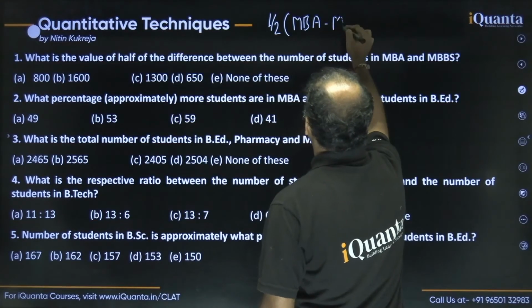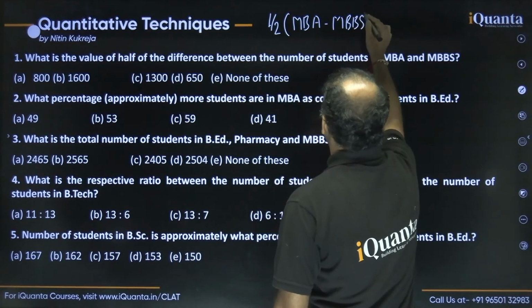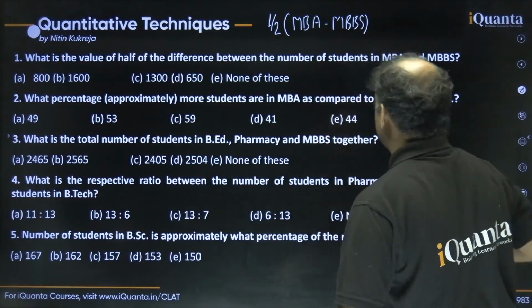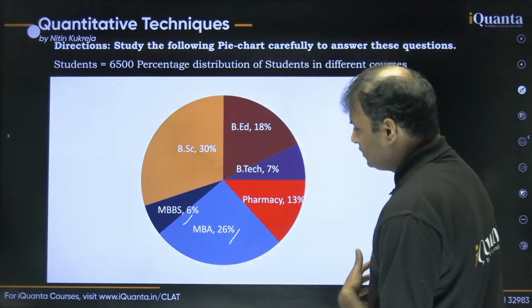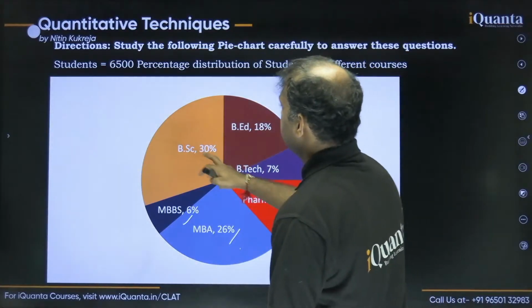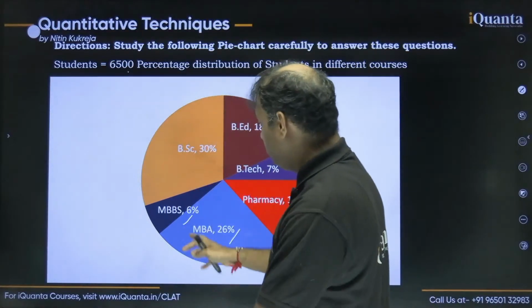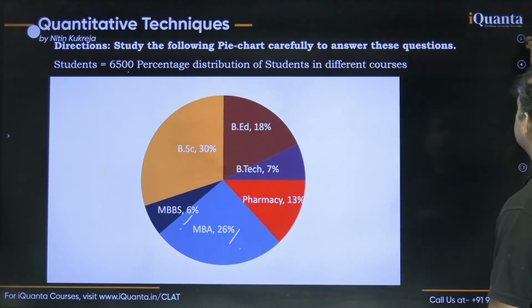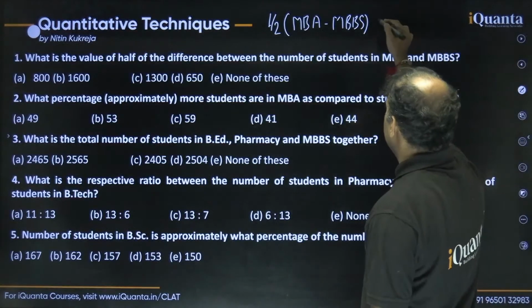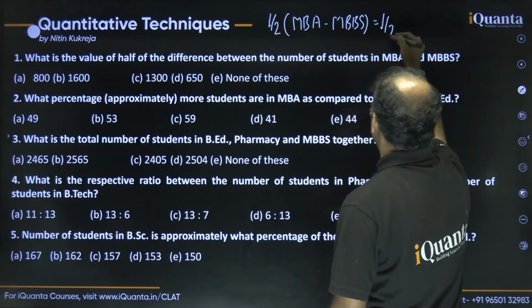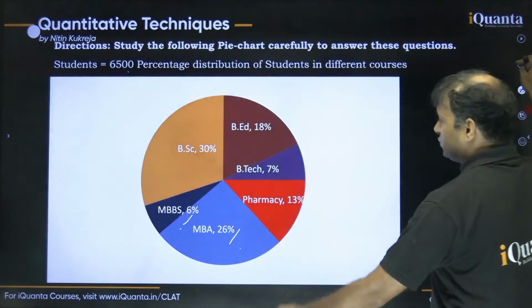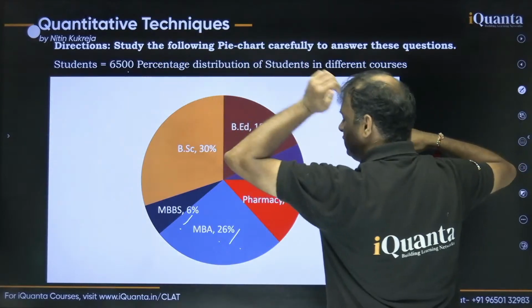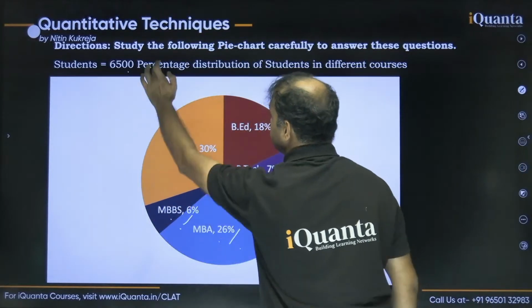Now, a lot of students first try to calculate the MBA students separately, which is 26% of 6,500, and then MBBS separately, which is 6% of 6,500, but that will take a lot of time, guys. So what we can do here is say this is half of... see, MBA is 26% of 6,500 and MBBS is 6% of 6,500.